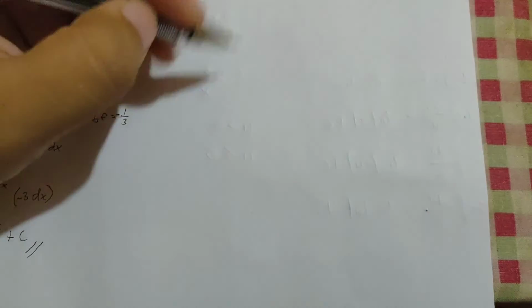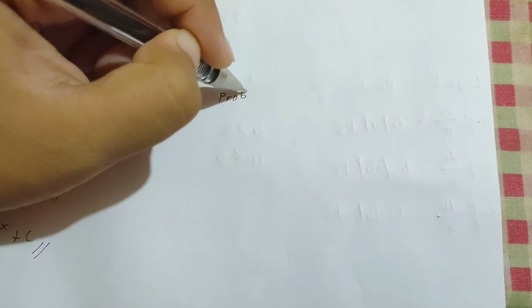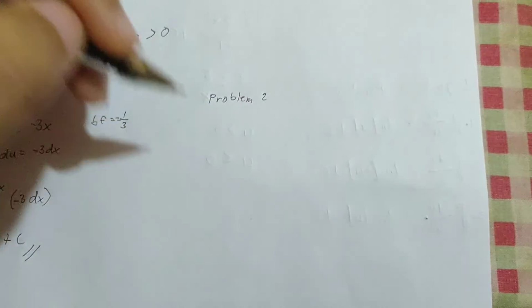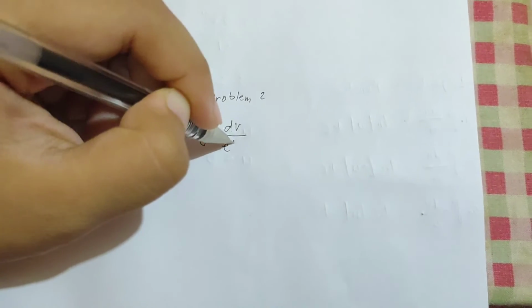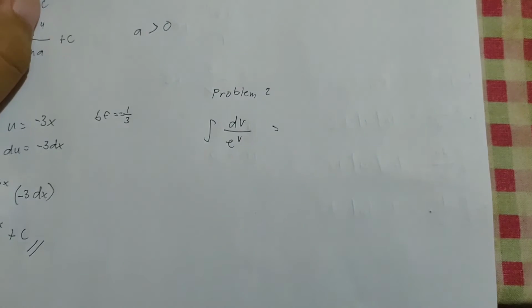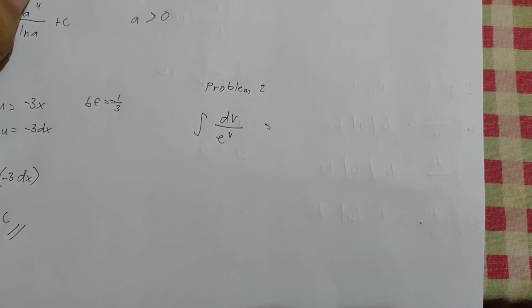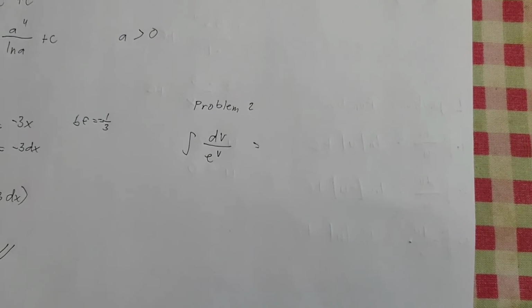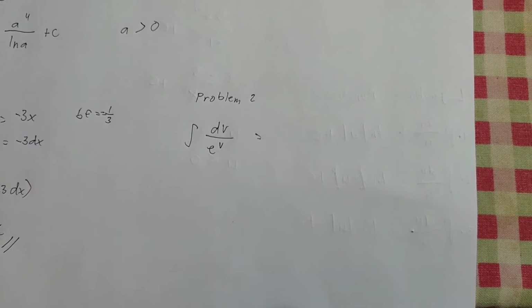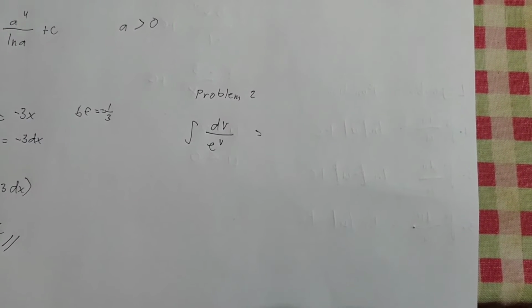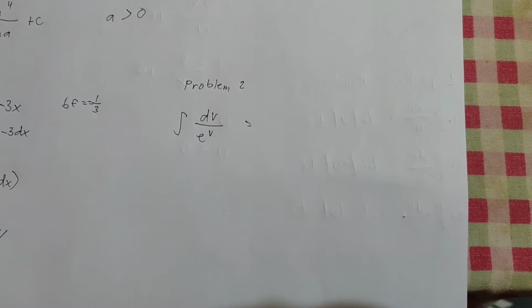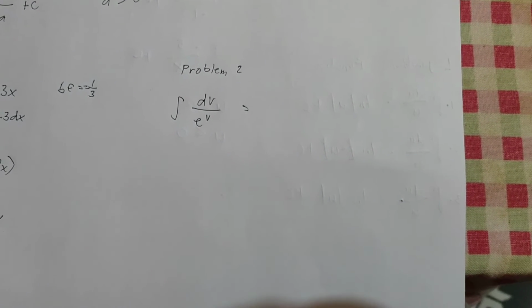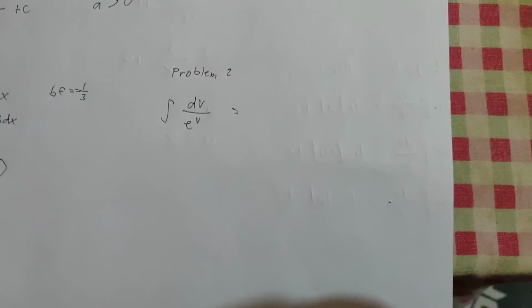Our problem number 2 is the integral of dv all over e to the v. Remember the formula I taught earlier in the algebraic function: if the given is a fraction, our exponent will be negative.